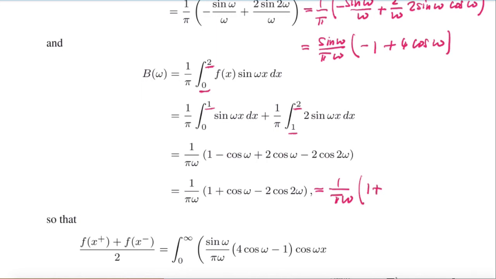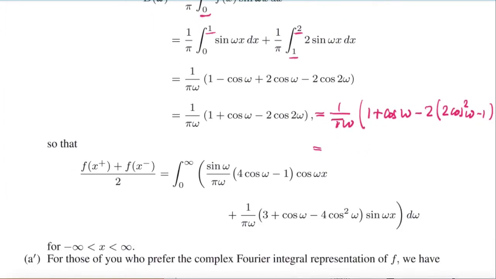Then this becomes 1 over pi omega, 1 plus cos omega minus 2, and then we have 2 cos squared of omega minus 1. Okay, and then if you simplify this a little bit, we get 1 over pi omega, 3 plus cos omega minus 4 cos squared omega.